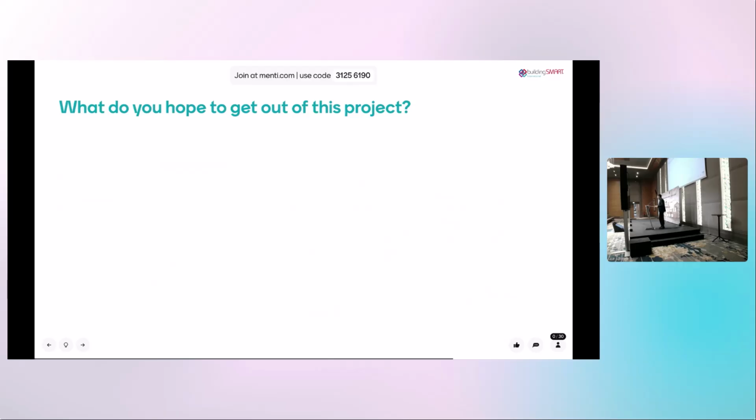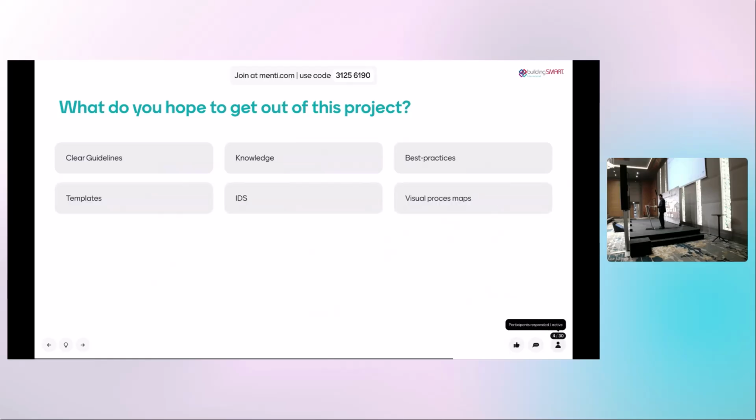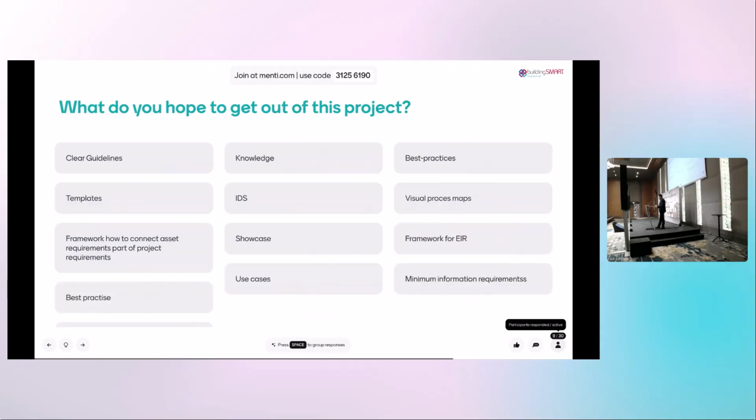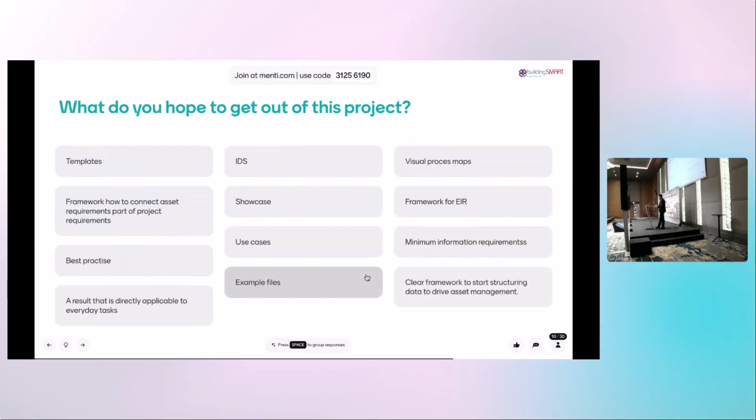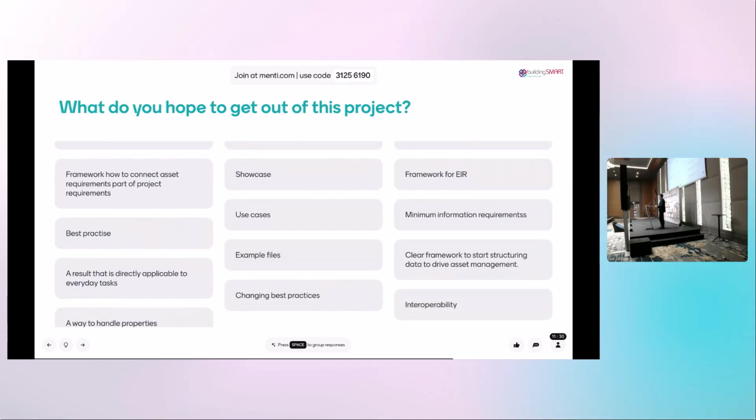What do you hope to get out of this project? Anything? I think the minimal information requirement is exactly what we are aiming for, the common module, which could be shared in building and infrastructure.